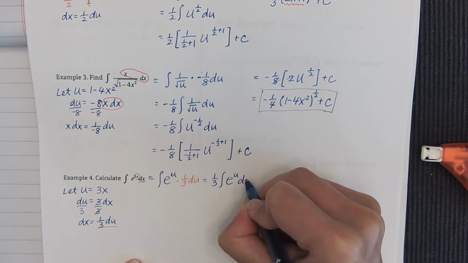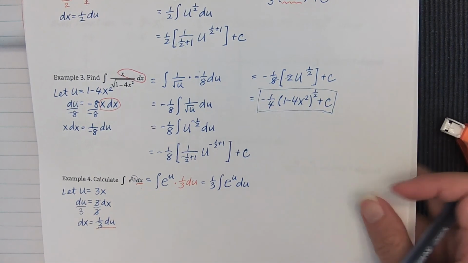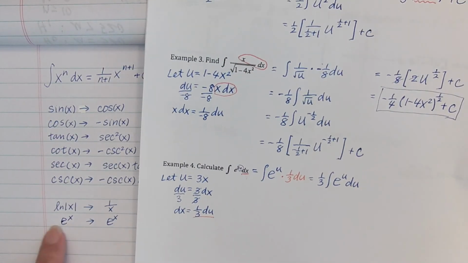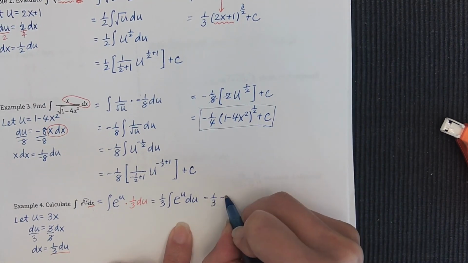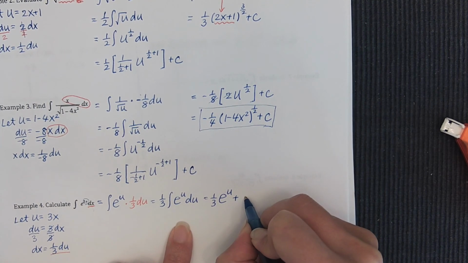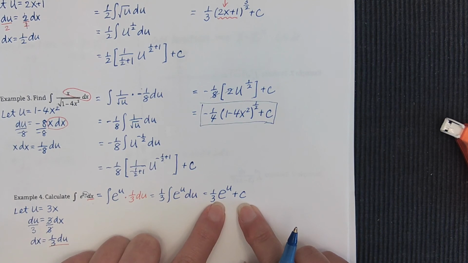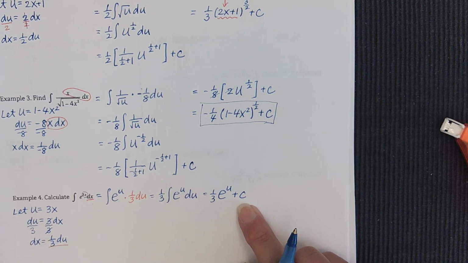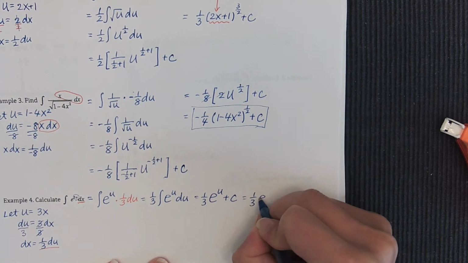The integral of e to the u du. What's the e integral? We talked about it: the integral of e to the u goes back to just e to the u. So 1 over 3 e to the u, plus what? Plus C. Don't forget the C. e to the u is always e to the u. Okay, the final answer, 1 over 3 is what?